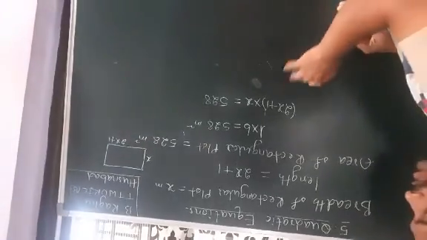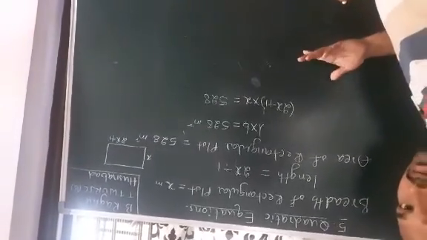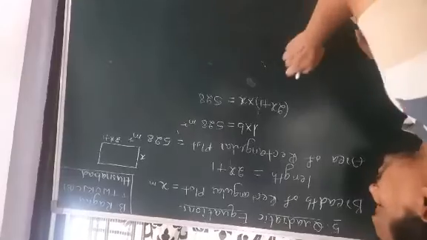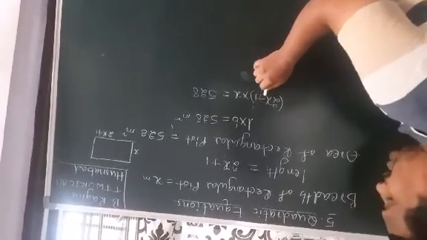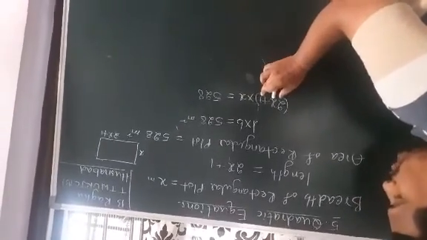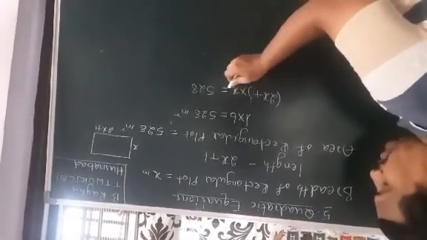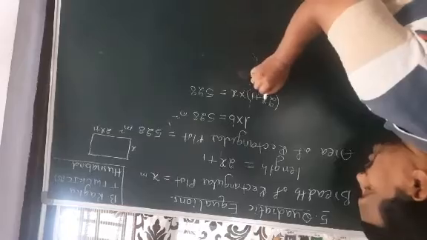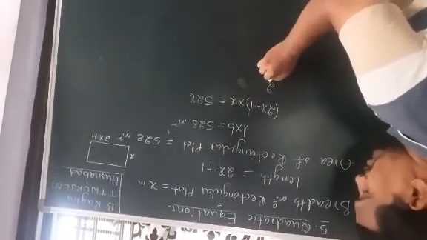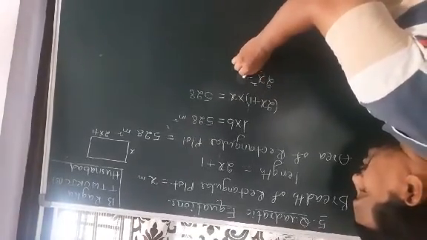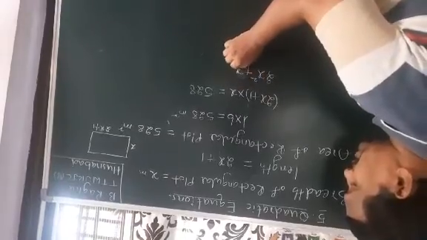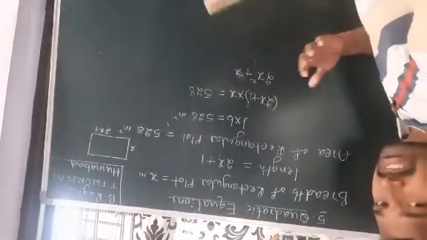Okay, now let us simplify this. This may be converted into quadratic form. So multiply a binomial with a monomial. Here 2x plus 1 is the binomial, and x is the monomial. So multiplying 2x into x gives 2x square, plus 1 into x, x. So we convert into equation form.